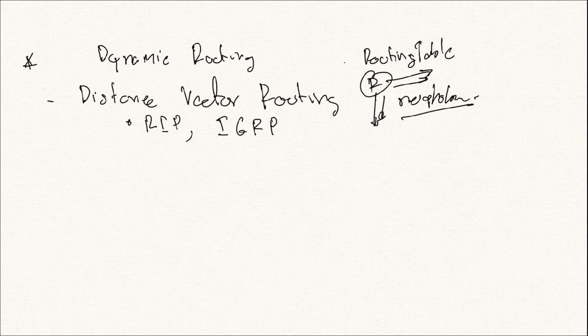So it exchanges information and uses the information of its neighbors to create a new routing table using this technique of distance vector routing.